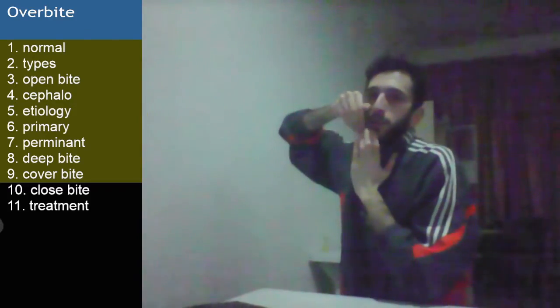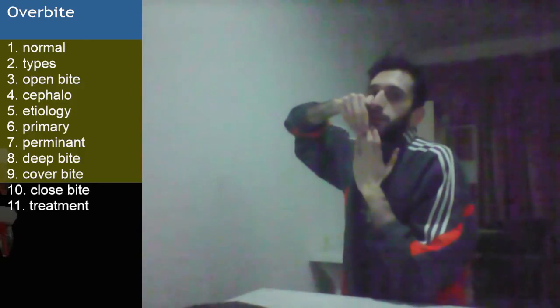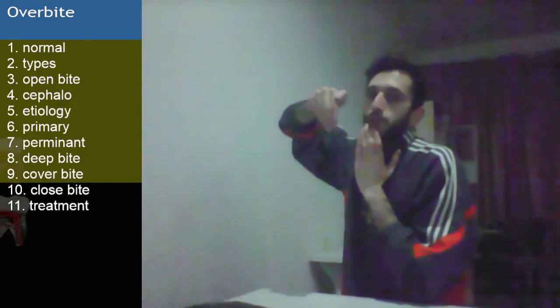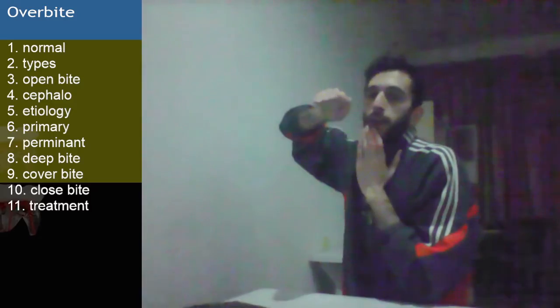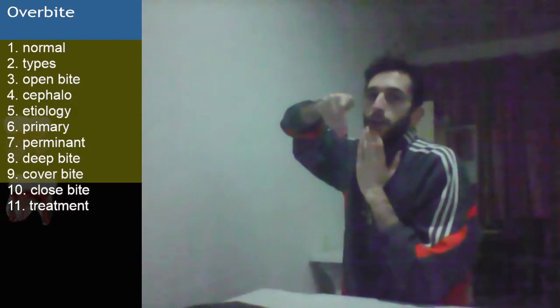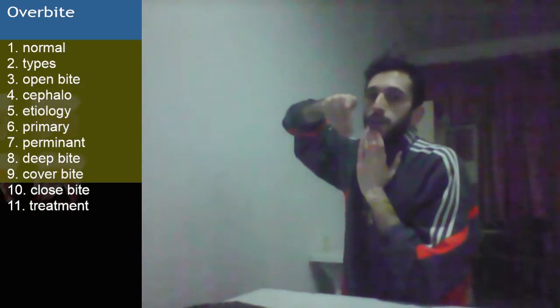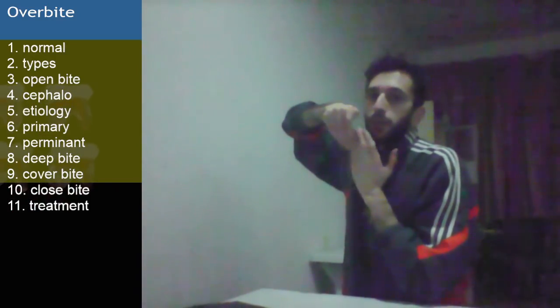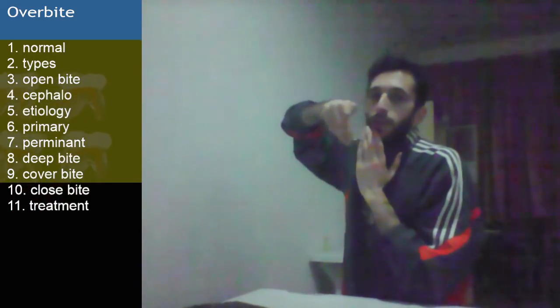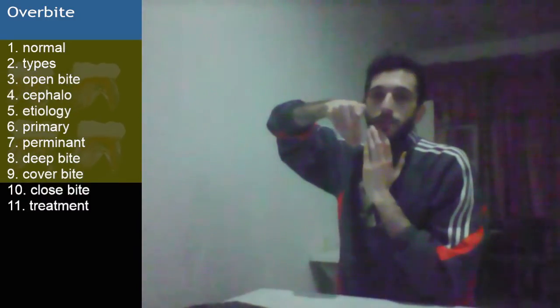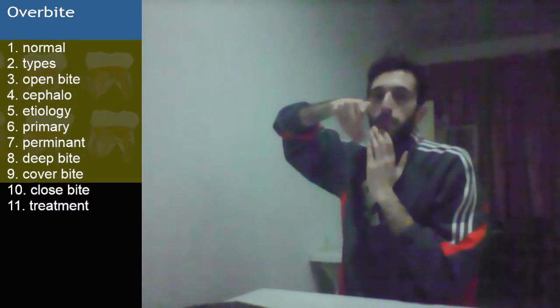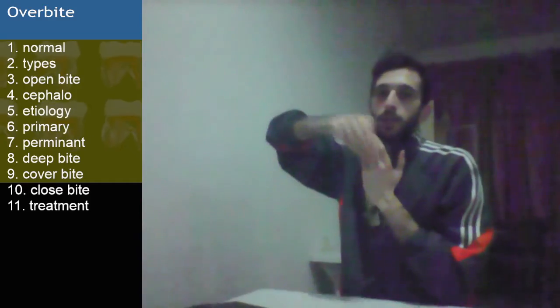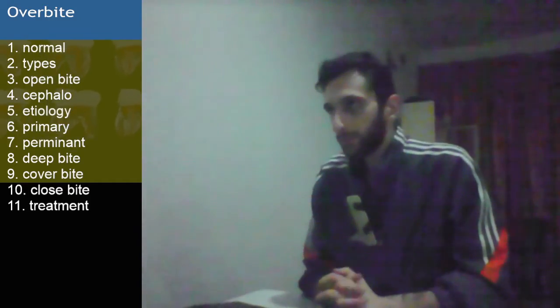Again, this is class 1. This is class 2, division 1. This is class 2, division 2. But in this case, there will be a cover. The central incisors, lateral incisors upper would cover the lower incisors.